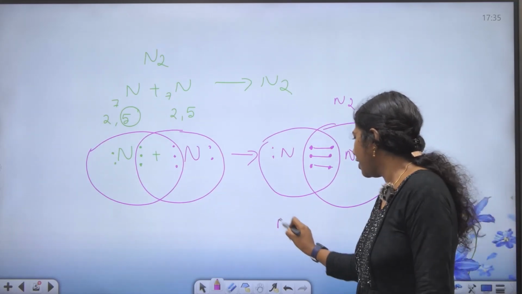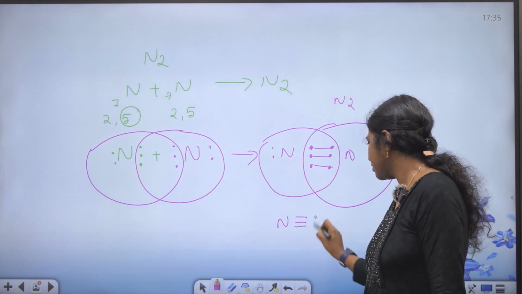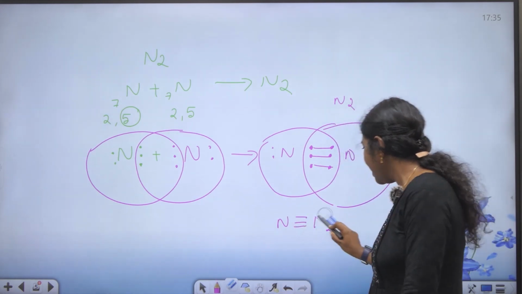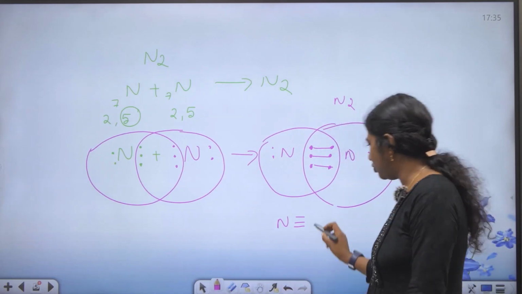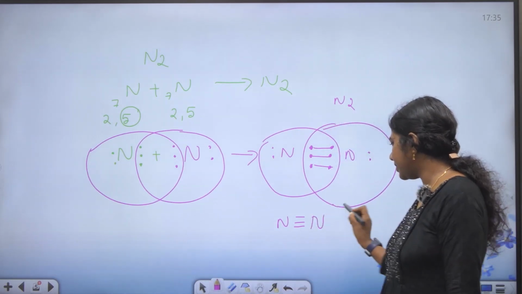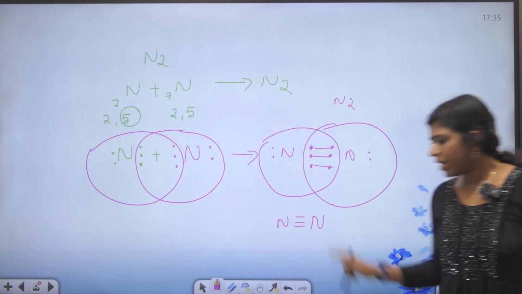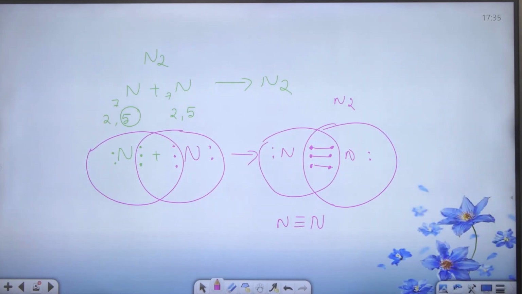So the bond in the N2 molecule is a triple bond. N triple bond N. The bond between the nitrogen atoms is a triple bond because it shares 3 pairs of electrons, or 6 electrons.